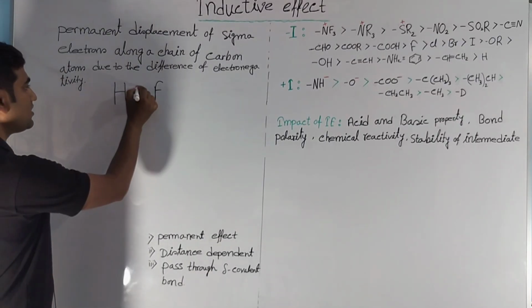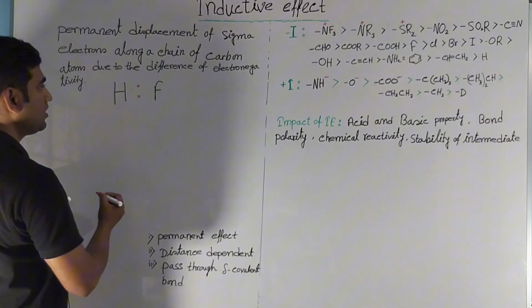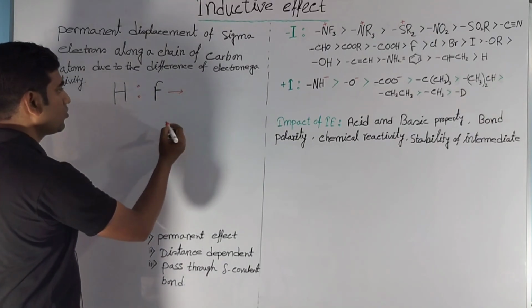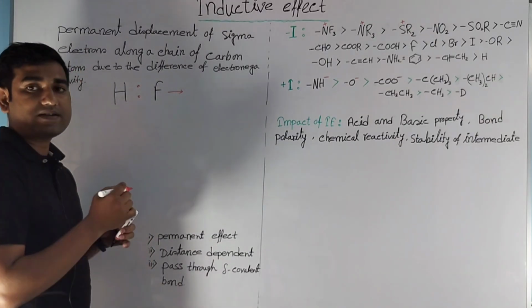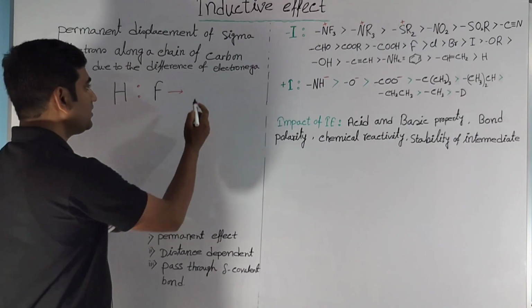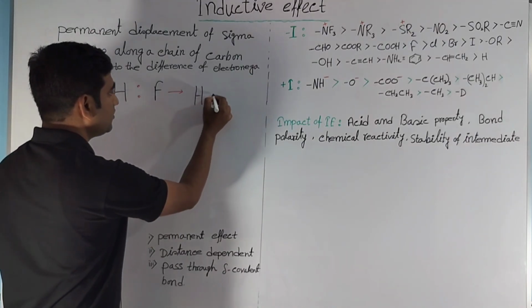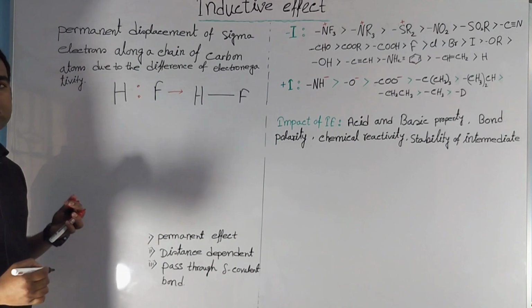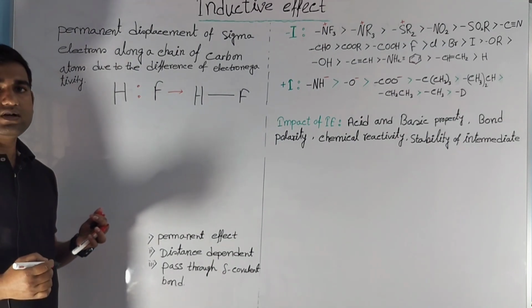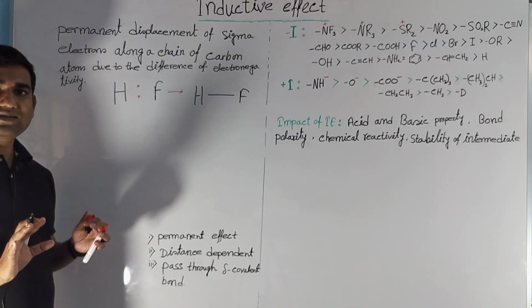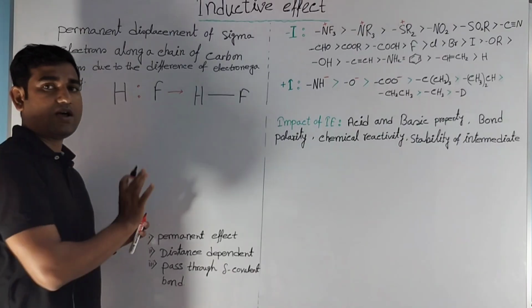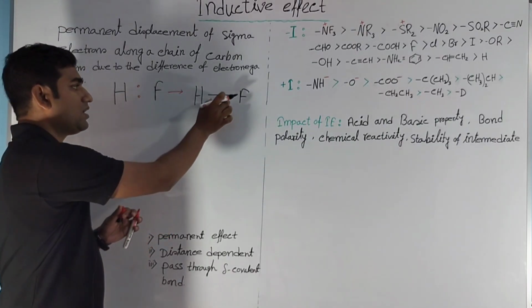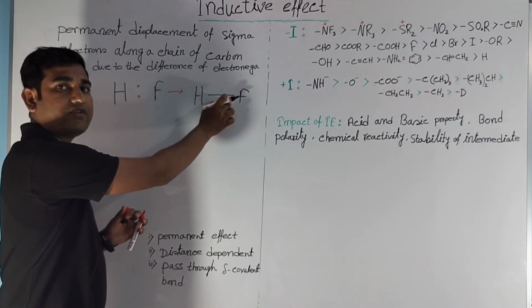They mutually share two electrons and form a covalent sigma bond. Once they form the covalent sigma bond, they cannot share that bond pair of electrons exactly equally.